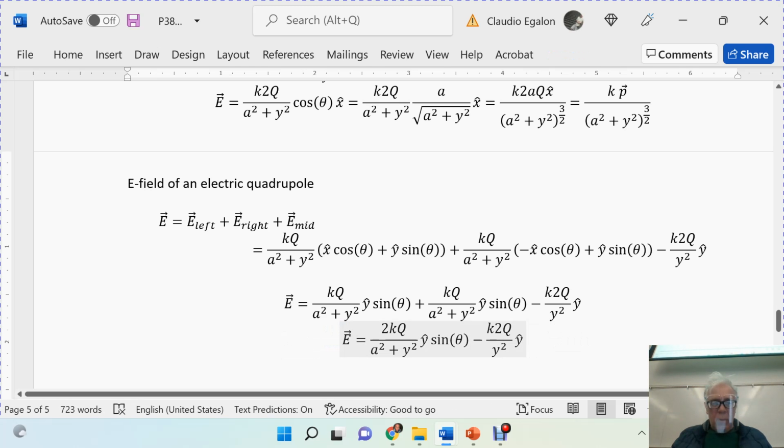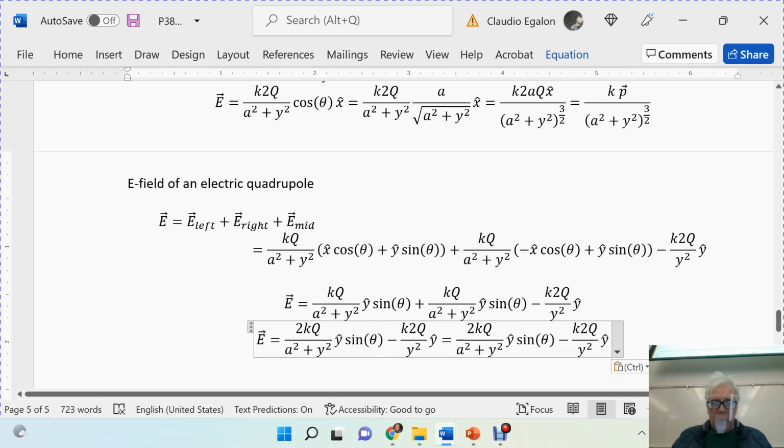And now we go to the next step. We're going to simplify as much as we can. Okay, what can we do? We can put this term plus this term in evidence.